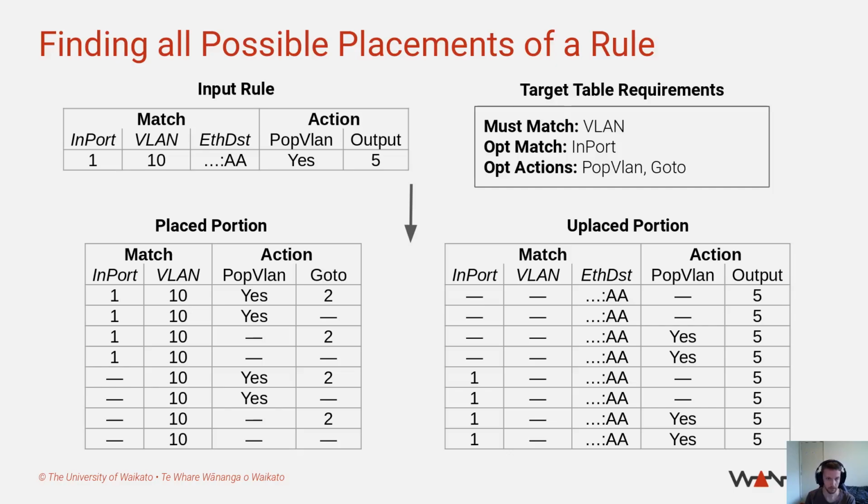So in this example, Ethernet destination is not supported by the table in the target pipeline, so that is always unplaced. This is the same with the output action. However, for fields that can be matched, for example the input port, we will create a variation of the rule both with the input port match and without.